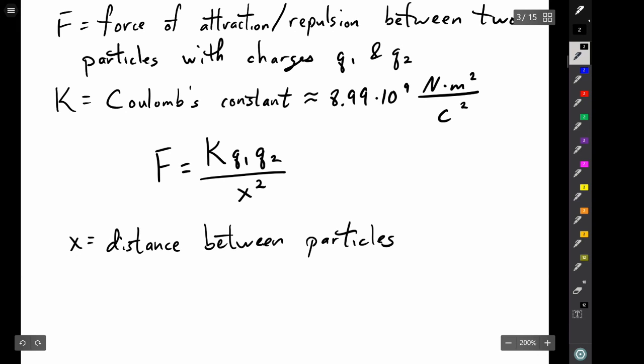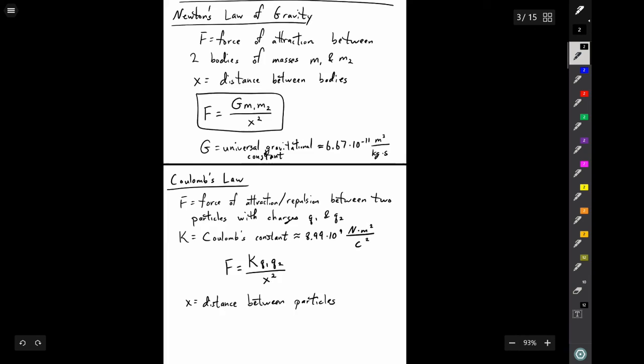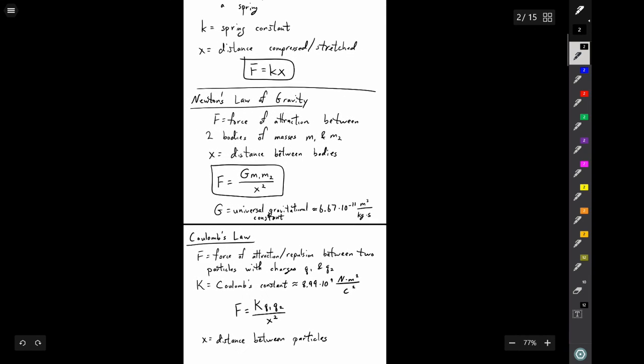I just have to forget one constant each time. All right, so these are some examples of non-constant forces. And we'll do some computational examples in a bit.